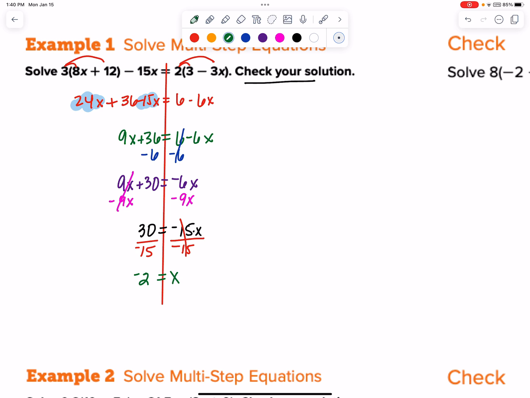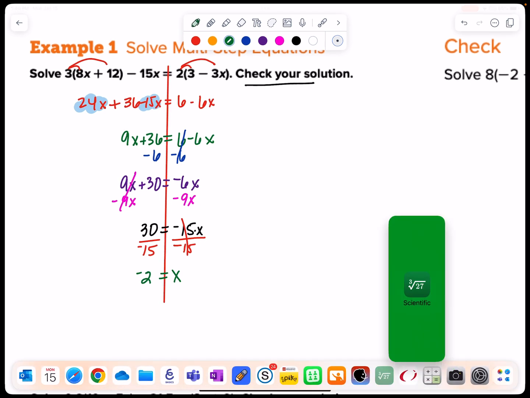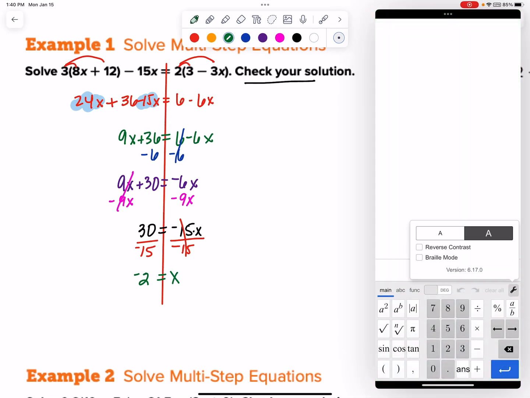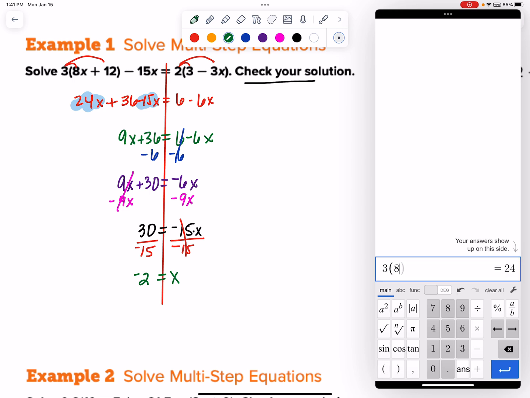I'm going to go ahead and use Desmos for this so I can just plug it all in. So let's go ahead and get this up, make it big. So 3 times the quantity of 8 times negative 2 plus 12, close, minus 15 times negative 2.